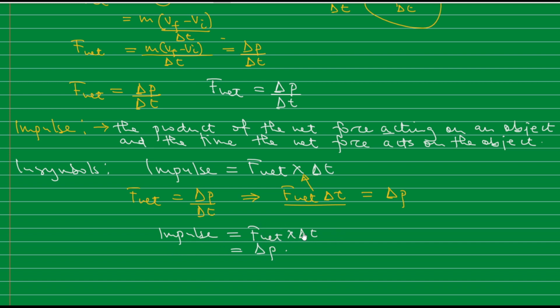Number one, using the formula F net delta T. The implication here is our units are Newton seconds, because we are multiplying Newton and time in seconds. Or when we use the change in momentum formula, our units are kilogram meter per second. So take note that we have two definitions for impulse: the net force multiplied by the time acting on an object, and also the change in momentum.